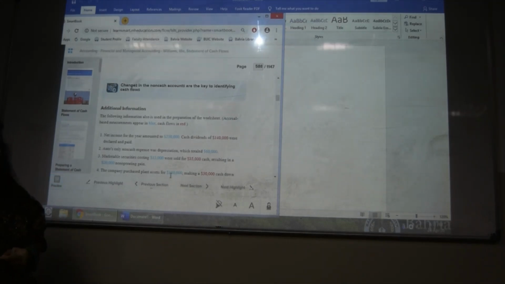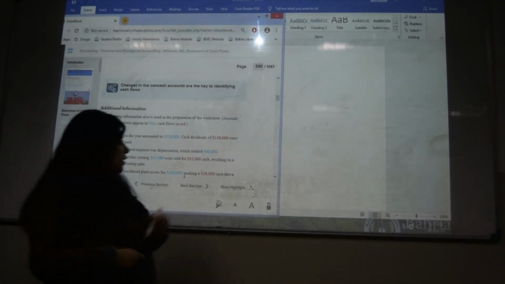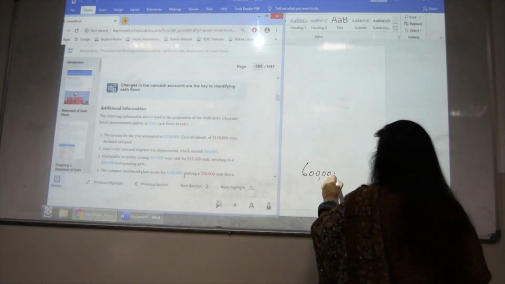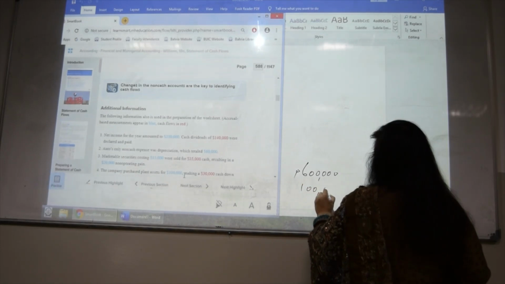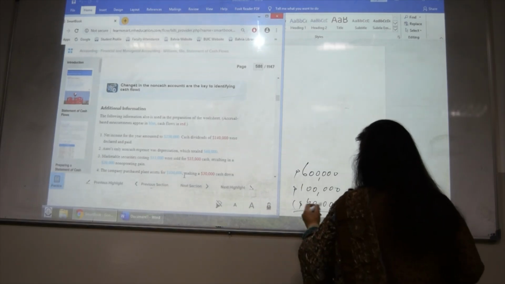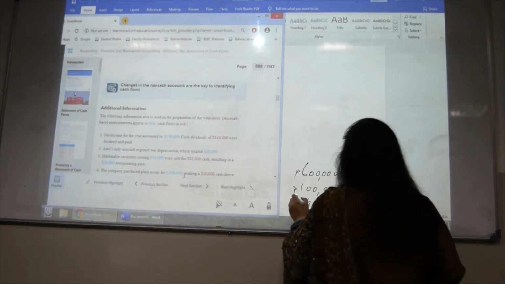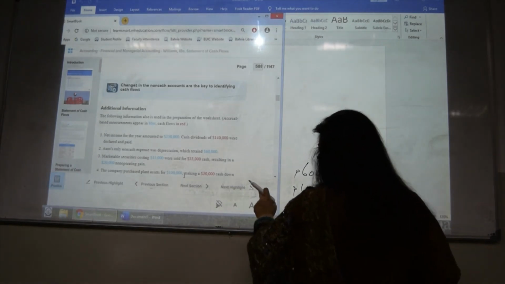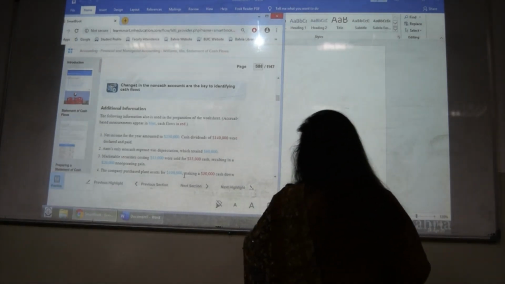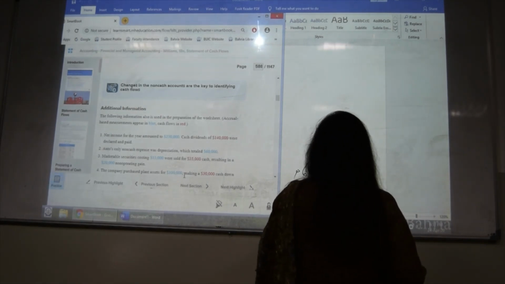So it's 600,000, which is the beginning balance of plant and assets. 100,000 was added to that, and 40,000 of depreciation was subtracted, and the net result is 640,000, because, oh no, sorry, depreciation is not 40, it's 60,000, I think, yes, sorry. This has to be 60,000.